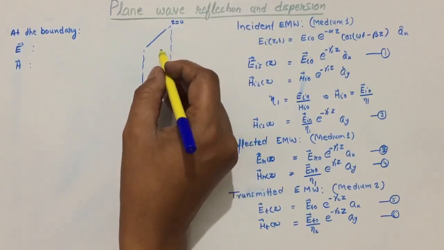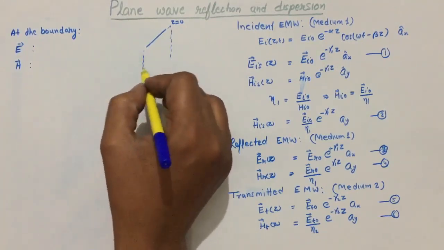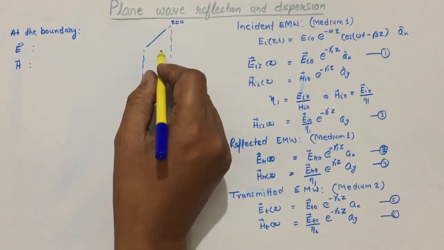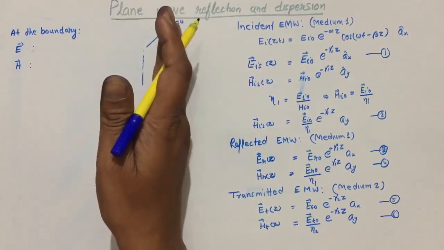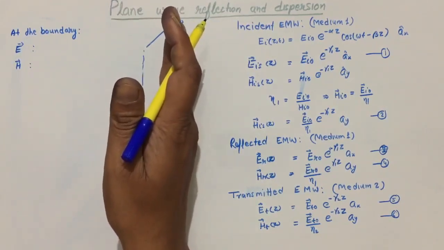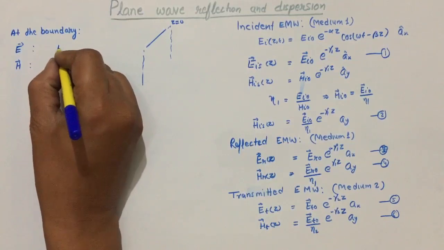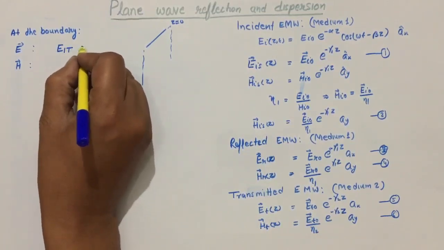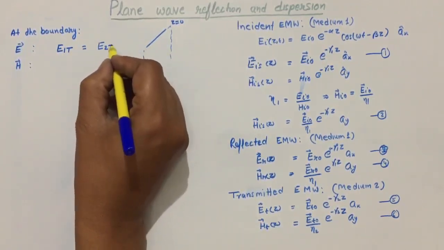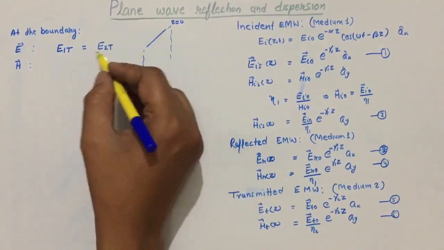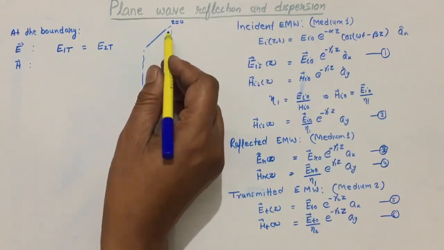In that case, the tangential component of electric field in medium 1 will be equal to the tangential component in medium 2 when it is lying at the boundary. So the tangential component of electric field at the boundary will be equal: E1t will be equal to E2t at the boundary, that is at z equal to 0.